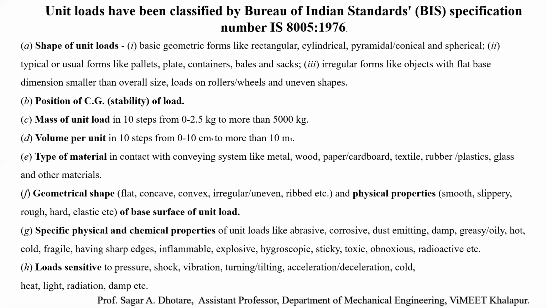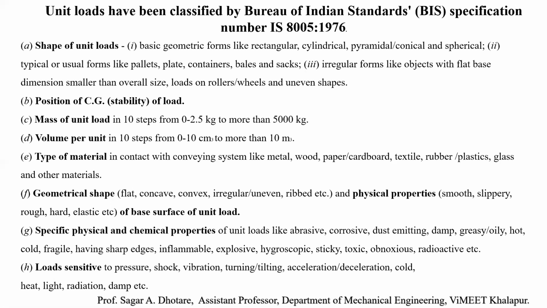Based on the shape of the load, it could be a basic geometric form like rectangular, cylindrical, conical, spherical, etc. Second, the typical or usual forms like pallets, plates, containers, bales, and sacks. Third, irregular forms like objects with a flat base, dimensions similar in overall size, loads on rollers, wheels, and uneven shapes.